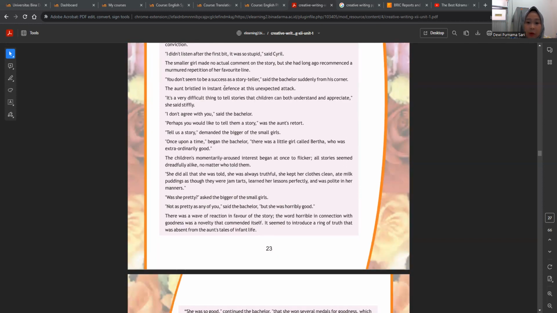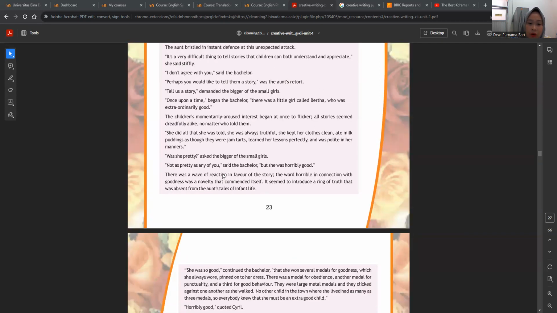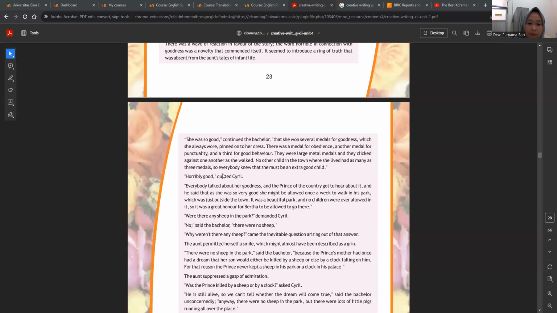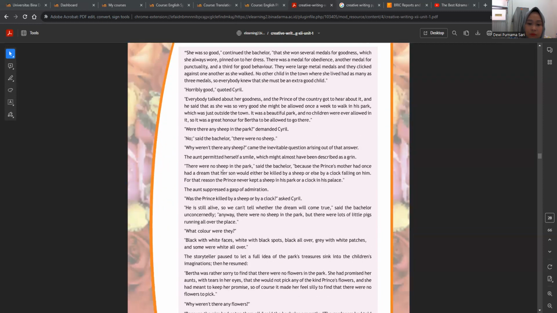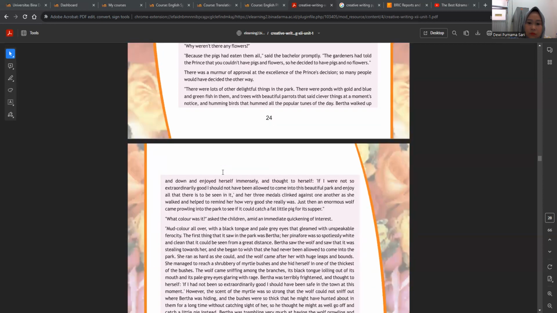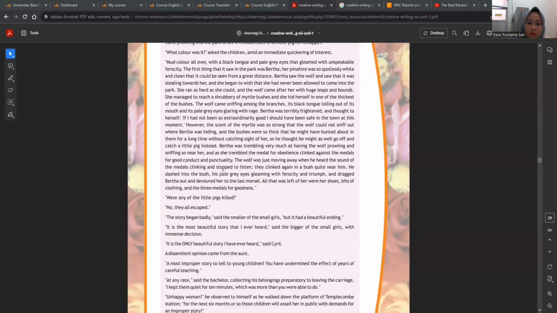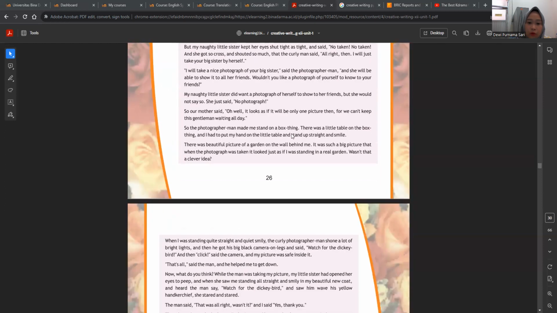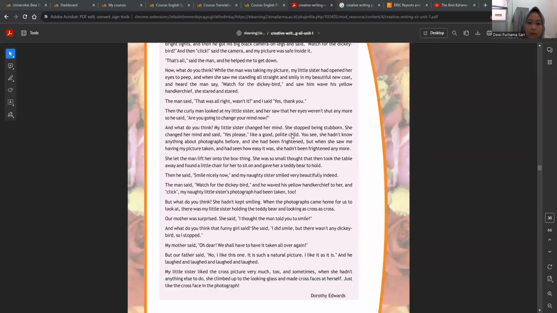Okay, this is the example of the short story. Okay, it's quite long. You can read it later, yeah, the cross photograph and others.